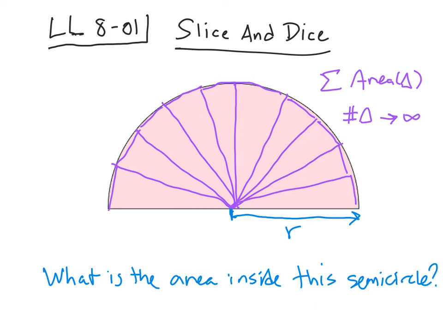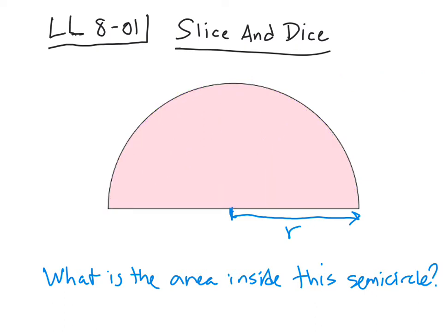Now, in this video, we're going to think about it a little bit differently. We're going to think about it in a way that is a little bit more conducive to looking at this problem from a functions point of view. So the way that we're going to approach this, let me switch colors here. Okay. The way that we're going to approach this problem is we're going to slice this semicircle into a bunch of tiny little horizontal slices.